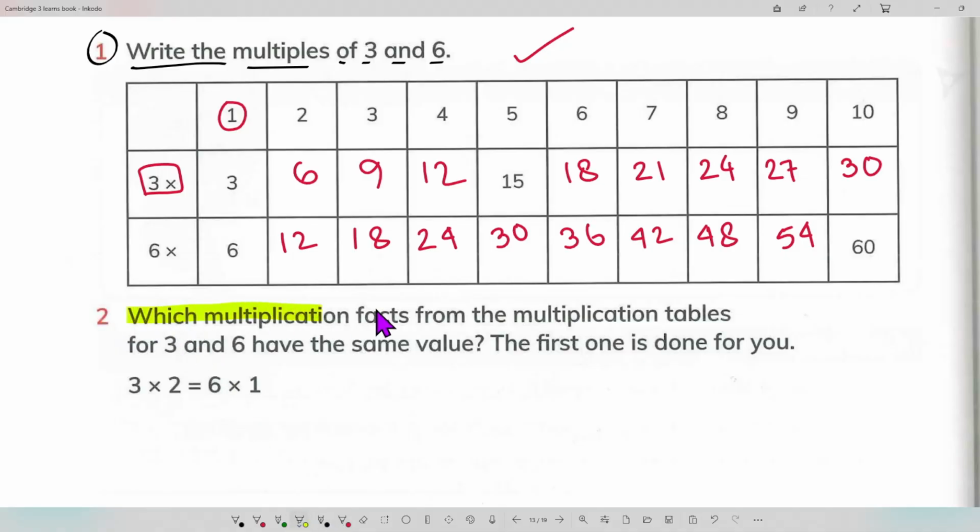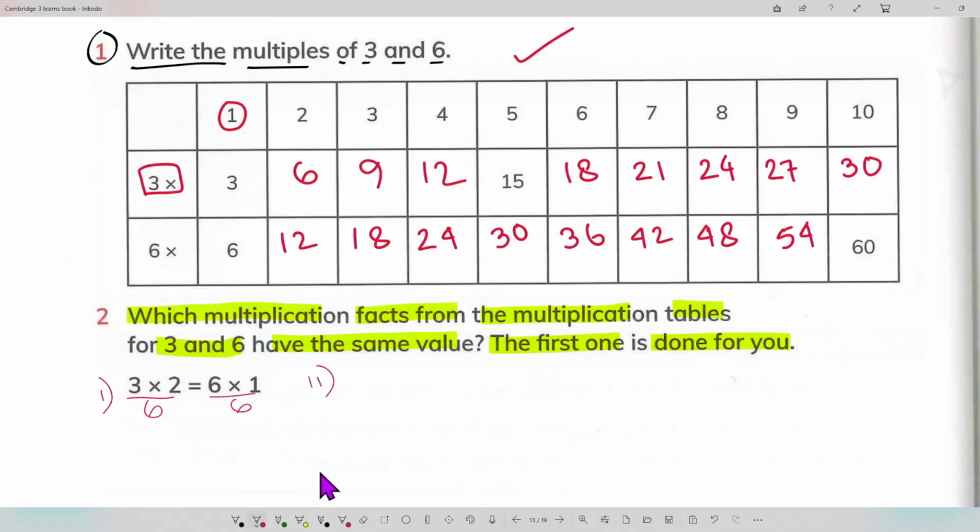Which multiplication facts from the multiplication tables for 3 and 6 have the same value? The first one is done for you. Look, 3 times 2 is 6 and 6 times 1 is also 6. It's a similar fact.